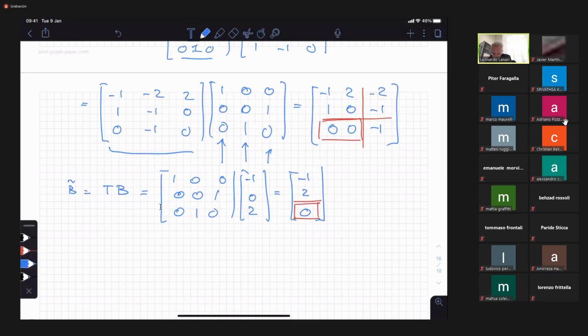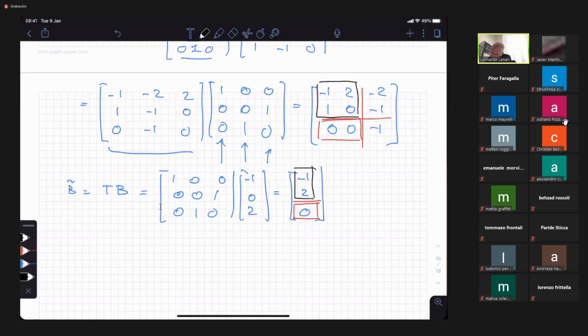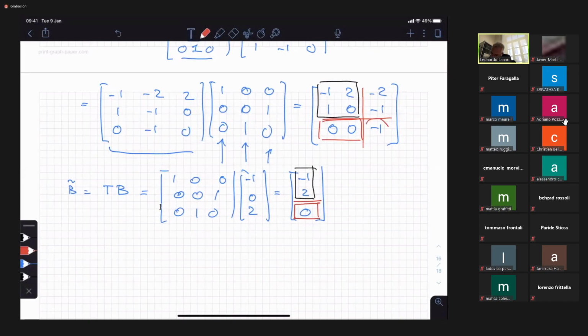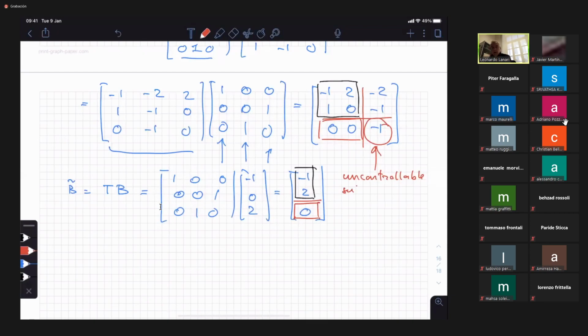By construction, this submatrix A11 and this B1 are controllable. We have the uncontrollable system, which is characterized by the eigenvalue minus 1.